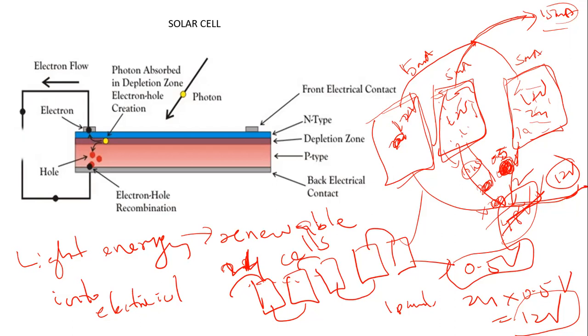But sunlight is considered a renewable energy source, because we are getting it daily, and you cannot say that today I spent too much sunlight and I will not be getting another sunlight tomorrow. It's not like that.